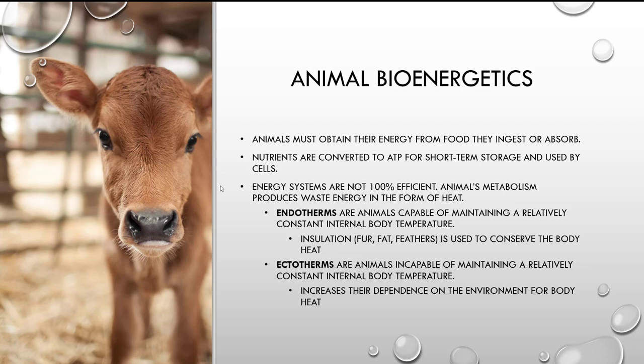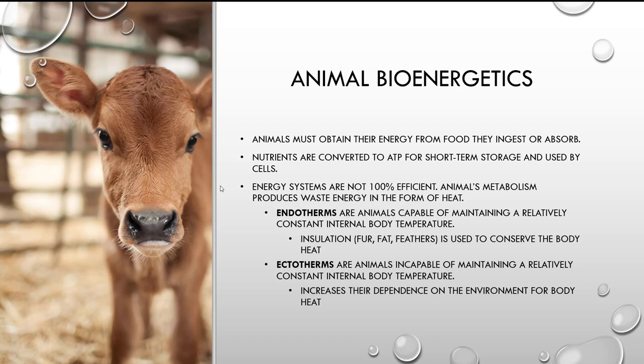They absorb it through their pores. The nutrients that we obtain from our food are then converted to ATP. We learned about that with cellular respiration, and then it's stored for short-term usage. Our cells can then use that ATP as a cellular energy source.